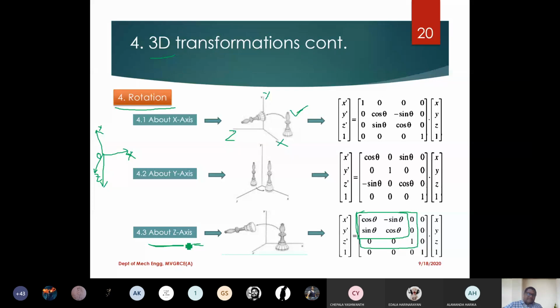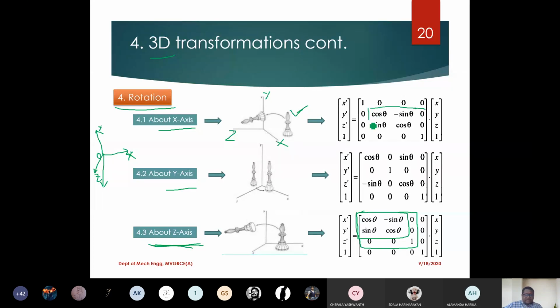Why? Because that was about the z-axis. But here, when you are playing with three-dimensional transformation, not only the z-axis but sometimes you should be in a position to rotate about the x-axis and y-axis also. So when you're trying to rotate about the x-axis, the cos theta, minus sin theta terms appear here.